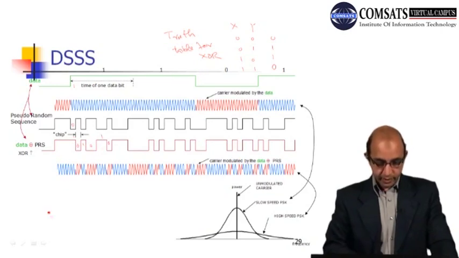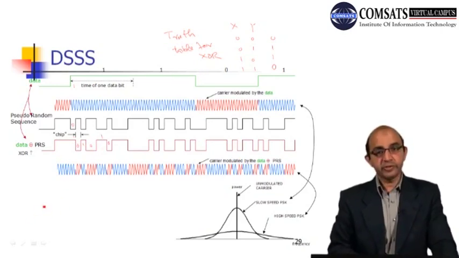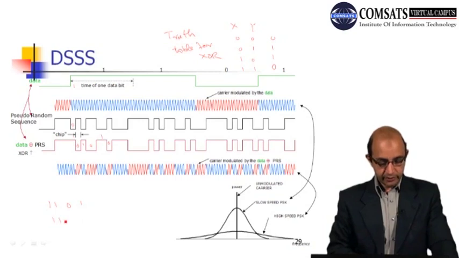So let me give you an example why we are using XOR over here. 1 1 0 1, this is the data, and here let me randomly choose, let's assume, the PRS.